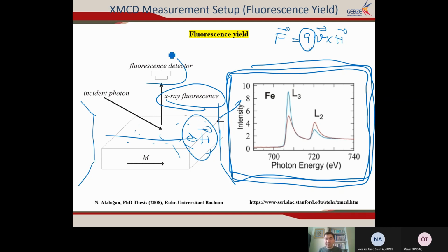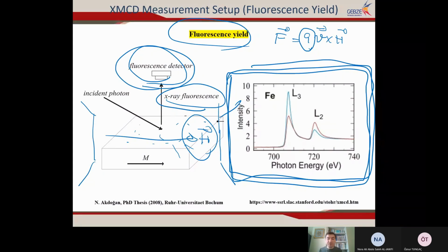But what about the detector? In the fluorescence yield method, the detector is very close to the surface of the sample. Then remember the detector working mechanism. Gas ionization chambers, scintillation counters, CCD detectors, semiconducting detectors. We have learned many types of detectors, and in each type of detector, we convert X-rays to electrons and current.